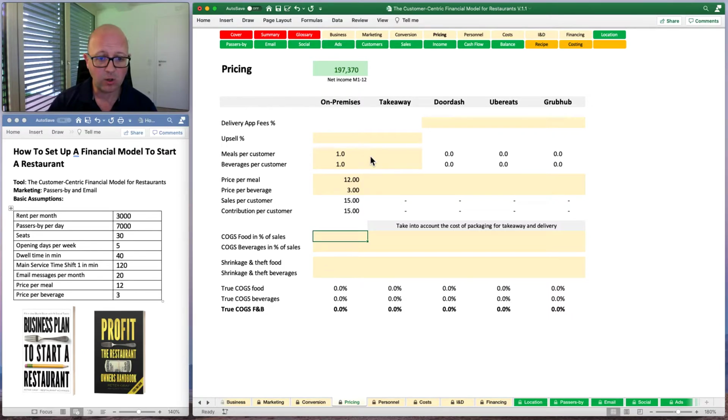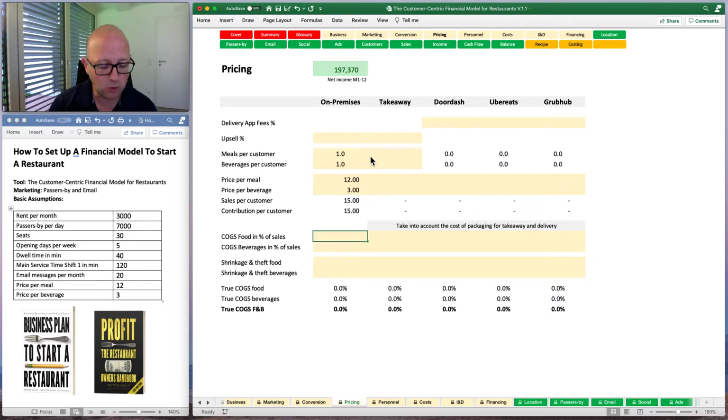Then we come to COGS, COGS food and COGS beverages. COGS means cost of goods sold. We do have COGS for food and COGS for beverage, and you can put in this number in percent of sales. This will be a question in detail for pricing and costing.